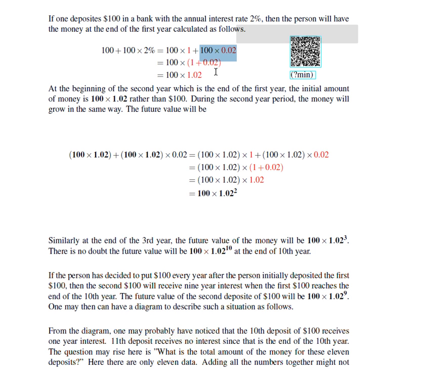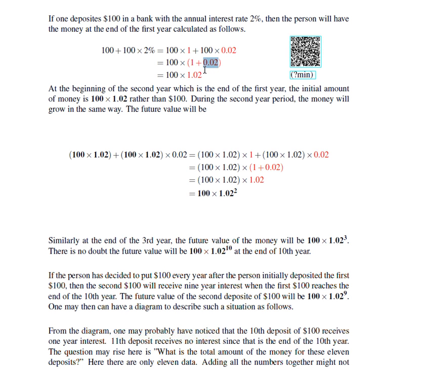But here we need to develop an algorithm to find out what the value is in 10 years. 100 times 1 is 100. So we pull 100 out, then inside we have a 1 left here, and here we have a 0.02 left.